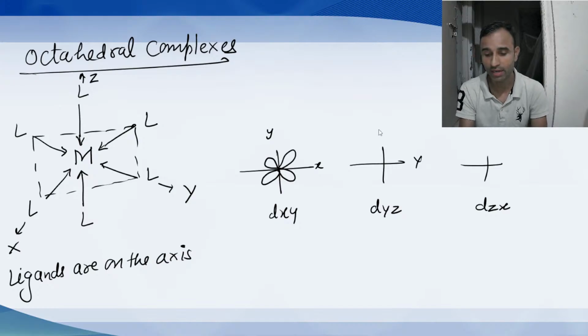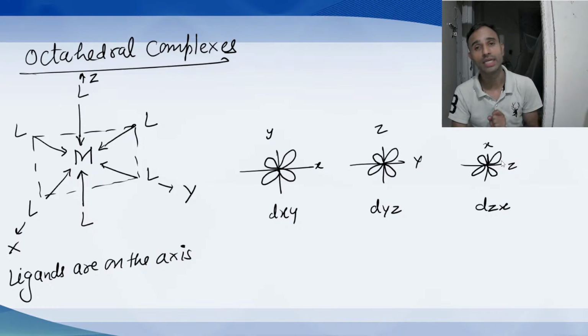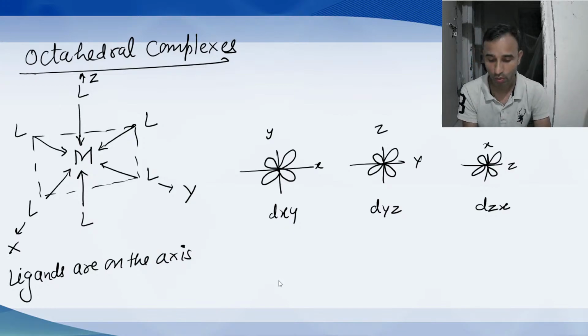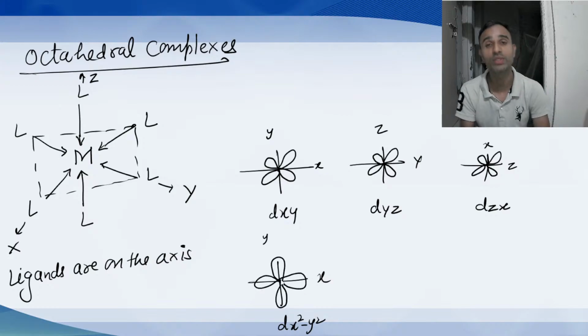In dyz, lobes are in between the y and z axes, and in dzx, lobes are in between the z and x axes. Now dx square minus y square and dz square: the lobes are on the axis.